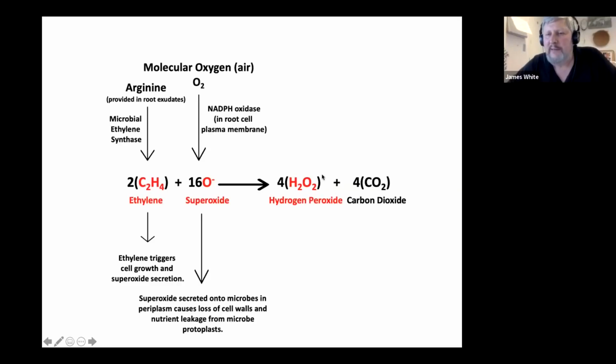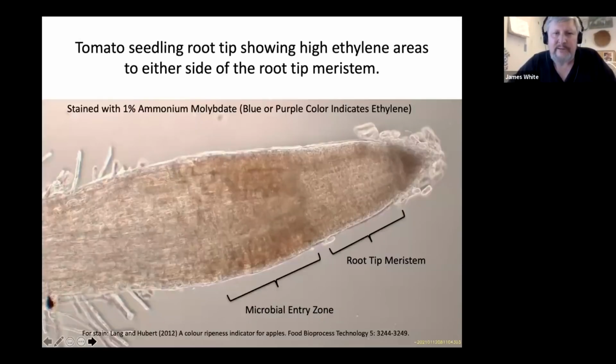And so when we stain with that hydrogen peroxide stain, we're able to see the bacteria, because the hydrogen peroxide is all around those bacteria, being the product of that ethylene and superoxide combination. But of course, it's that superoxide that extracts nutrients from those bacteria. But that's a part of that interaction.